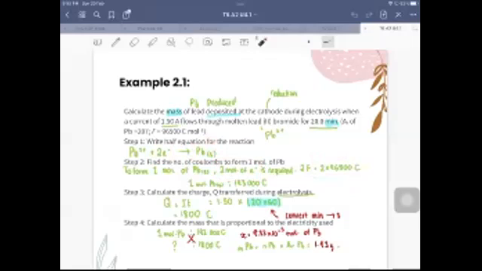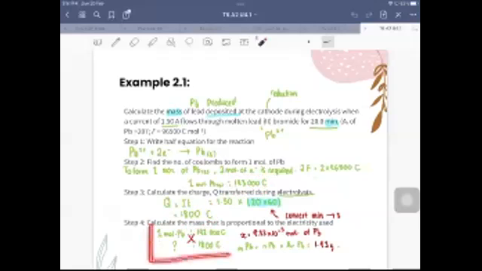Then we also want to know how much charge we actually used in our electrolysis setup. We found out that we only used 1,800 coulombs, which is nowhere near the charge required to produce 1 mole of lead. Earlier, we mentioned that the charge used in the electrolysis is directly proportional to the substance being produced during the setup.